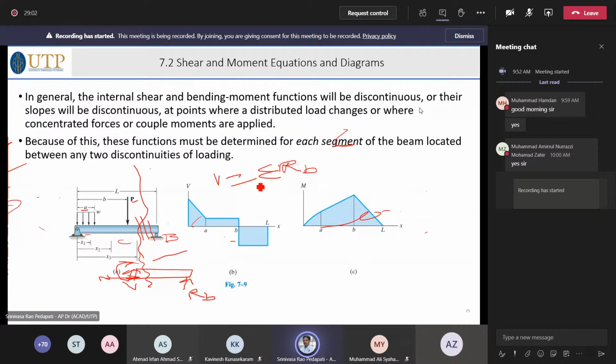That means at any point between P to B, that is this distance, the only force that is acting is RB.